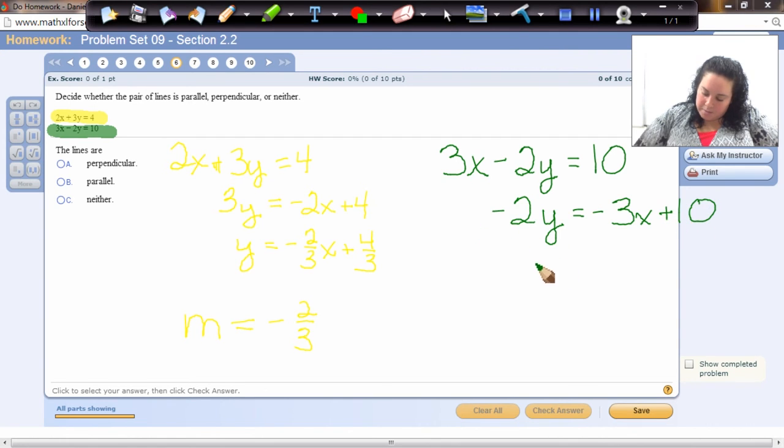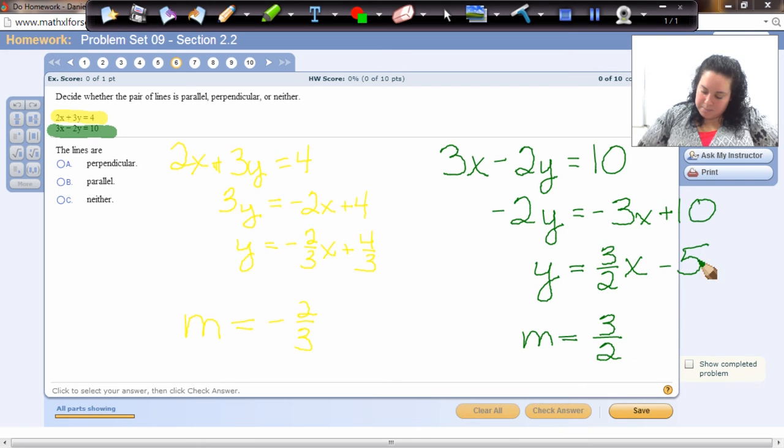And then divide everything by -2. So that will be positive 3/2 x minus 5. This slope then is positive 3/2.